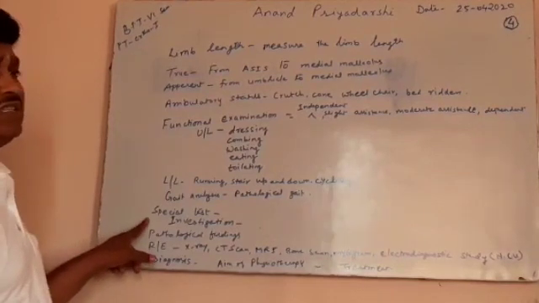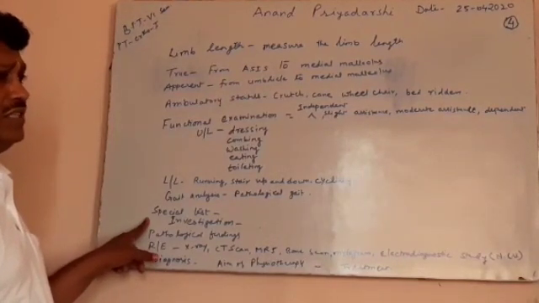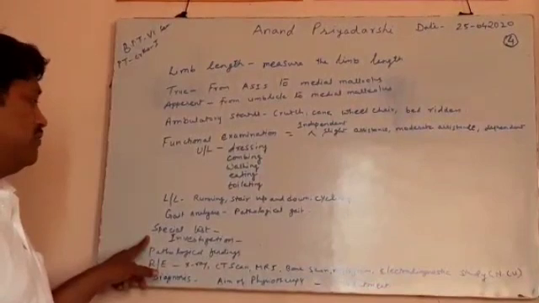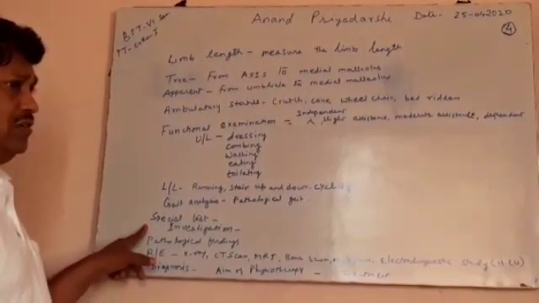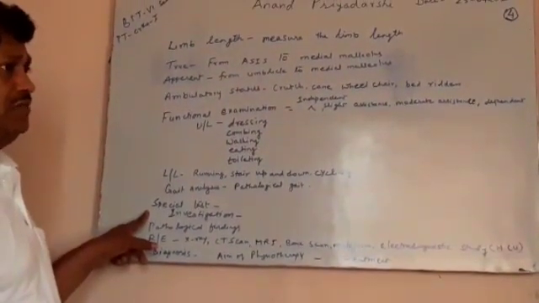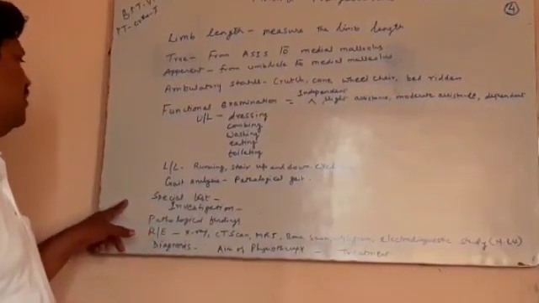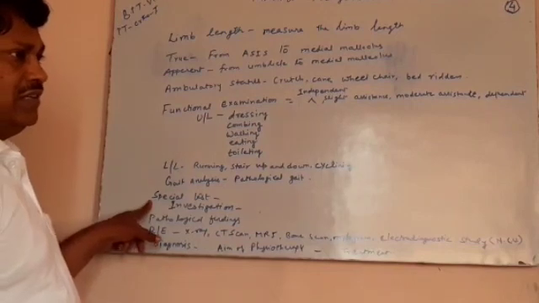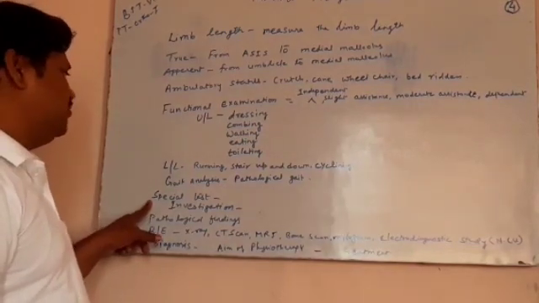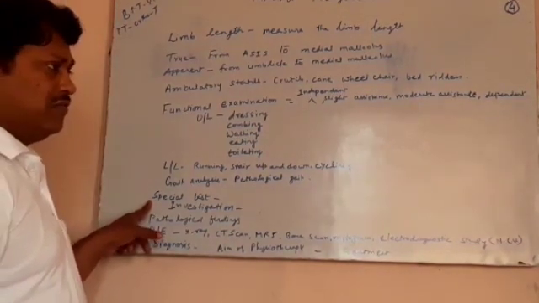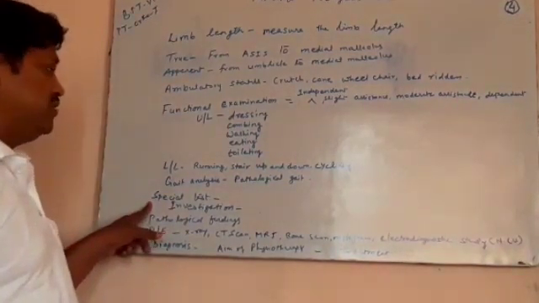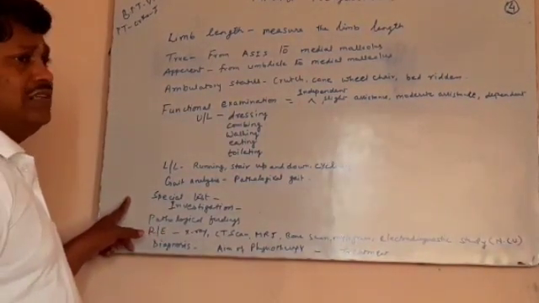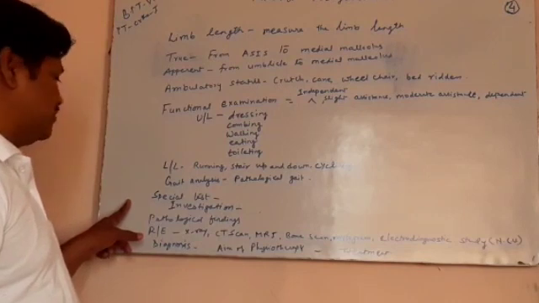Next is special tests. Special tests are those tests which are conducted by the physiotherapist or clinician to know the disease or injury. For example, for testing knee injury or the ligamentous injury of the knee, we can conduct the McMurray test and Apley's test.